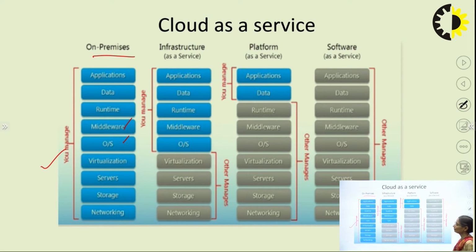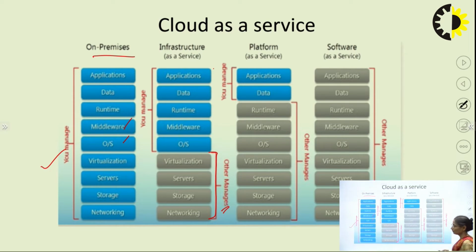Whereas in the case of infrastructure as a service, we are using the infrastructure which is available with the CSP. Then up to virtualization, all these things are managed by the CSP, that is virtualization, servers, storage, networking, and all the rest are present with the customer.